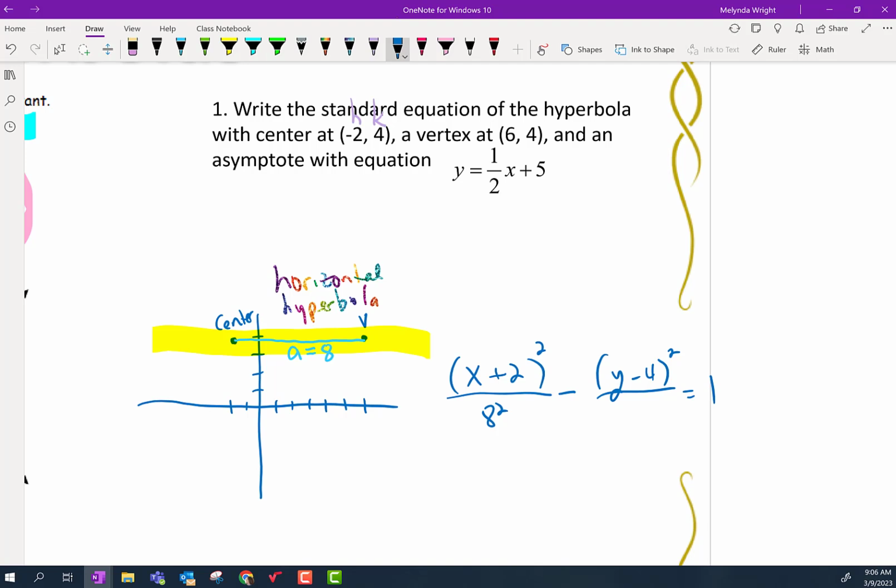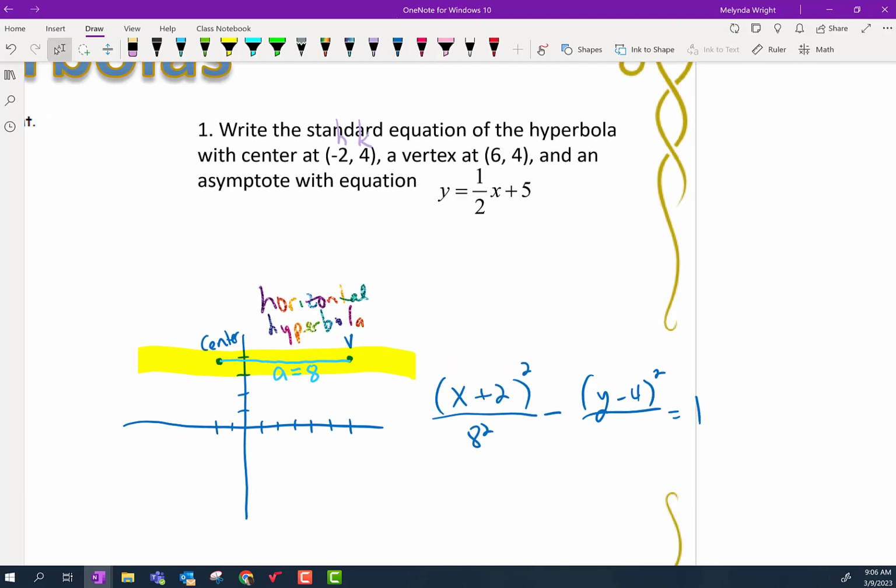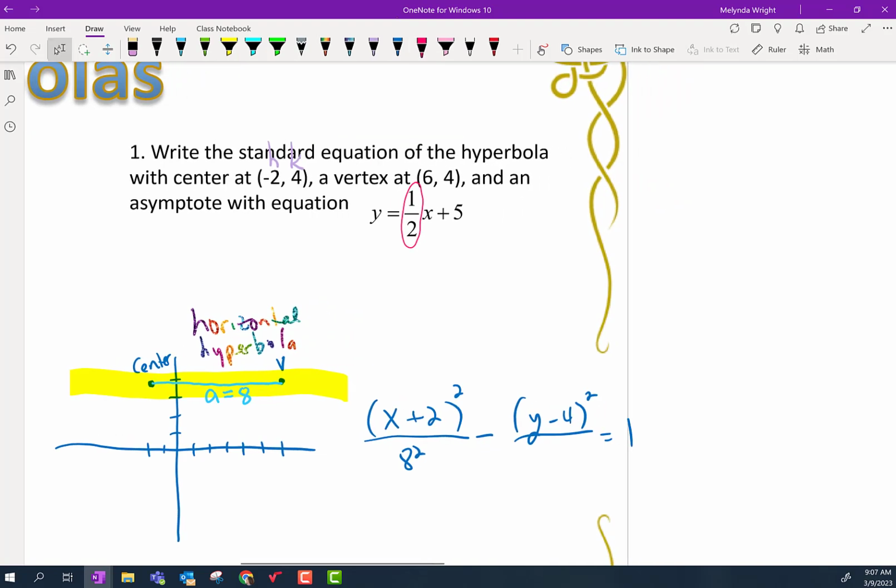What we're missing now is b squared. We don't know what that is. Our clue is this slope right here. So let's think about this. This slope is either a over b or b over a.